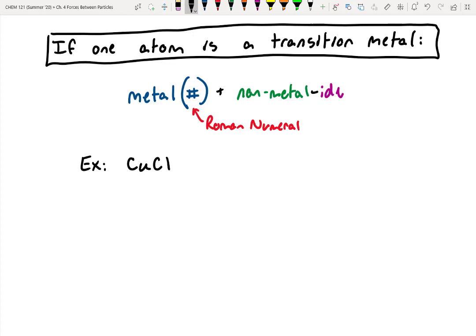Well, if we break this down into two pieces, we know that chlorine, when it's ionic, is always going to be 1 negative. And the question is, well, how do I know? Well, think about it this way. Elemental chlorine has a valence of 7. Does it want to lose all 7 electrons to get to the nearest noble gas, or does it want to gain 1 electron?